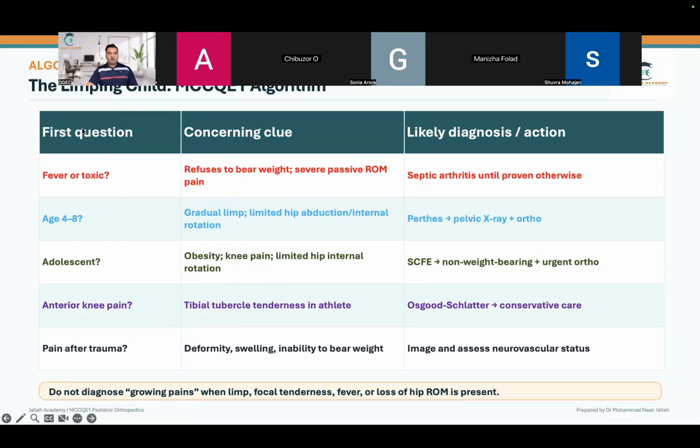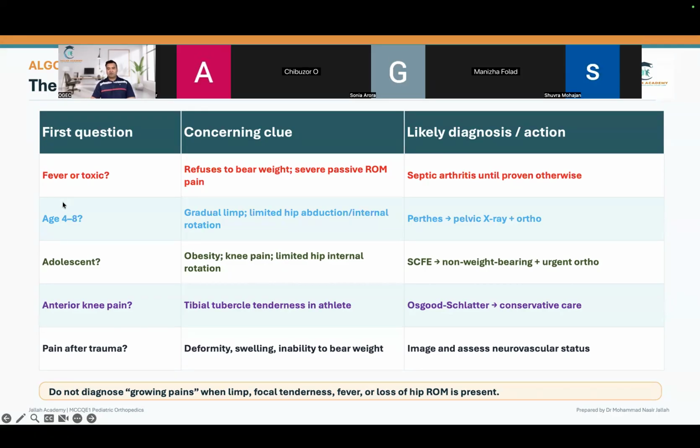Thank you. All right, so the limping child. Now, let's talk about if we have a child who is limping. Fever, toxic, it is septic arthritis until proven otherwise. Any joint pain, fever, toxic, refuses to bear weight, severe pain on passive range of motion is septic arthritis until proven otherwise.